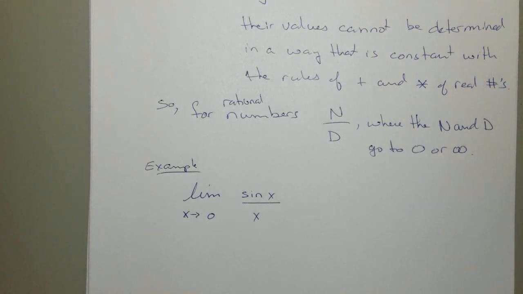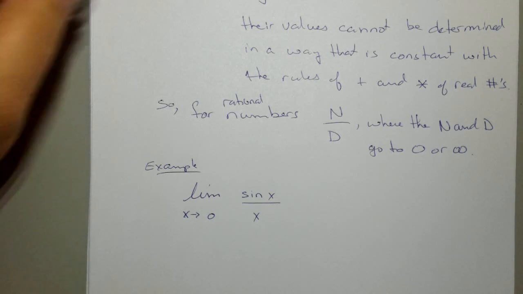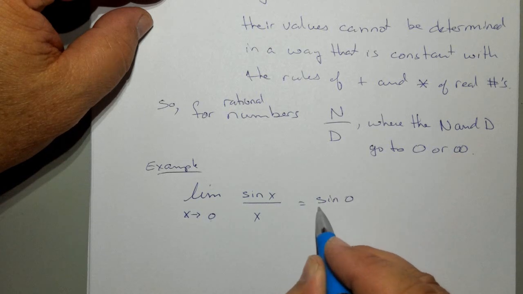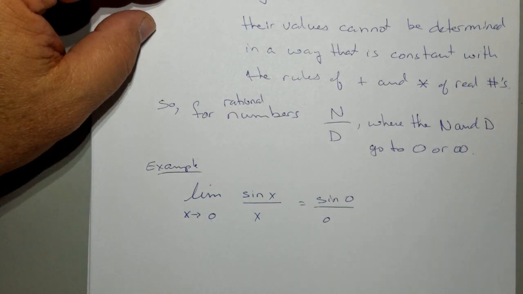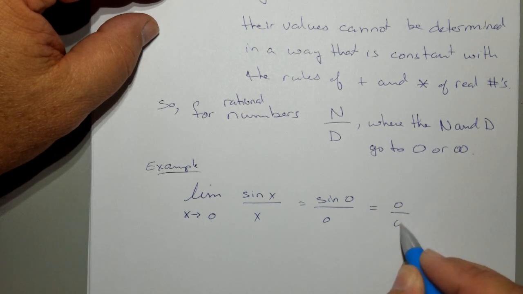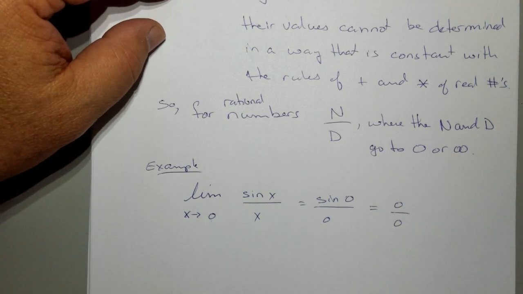Remember what this equals? 1. But when we first started doing it, the first thing you do when you have a limit function is you take the limit and put it in place of x. The sine of 0 is 0 over 0. That's an indeterminate amount.